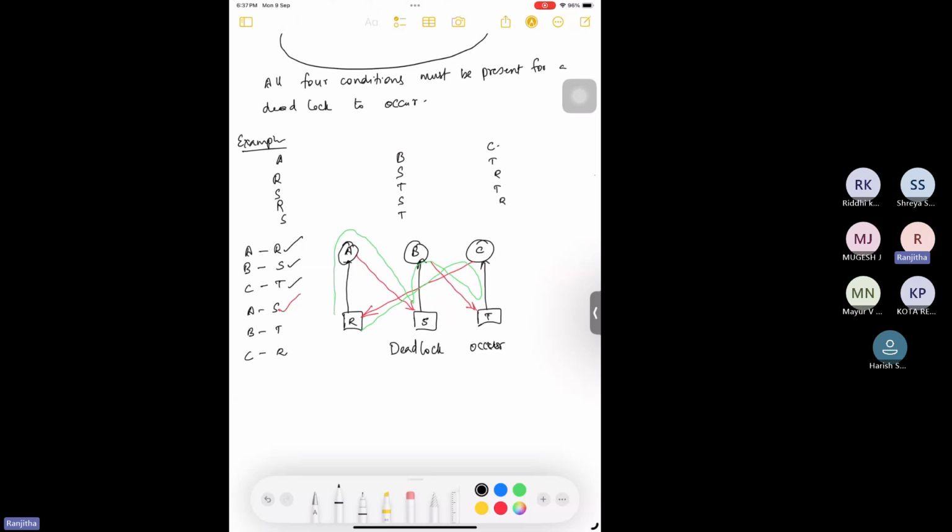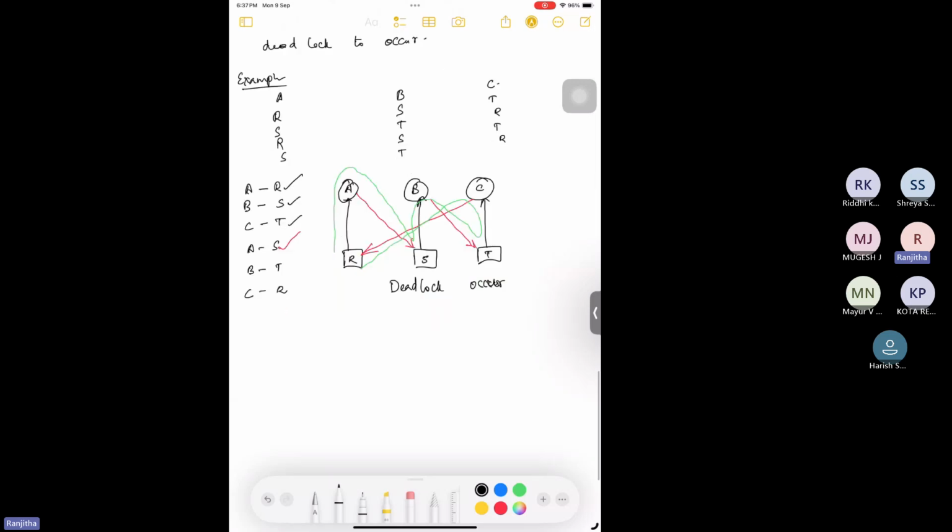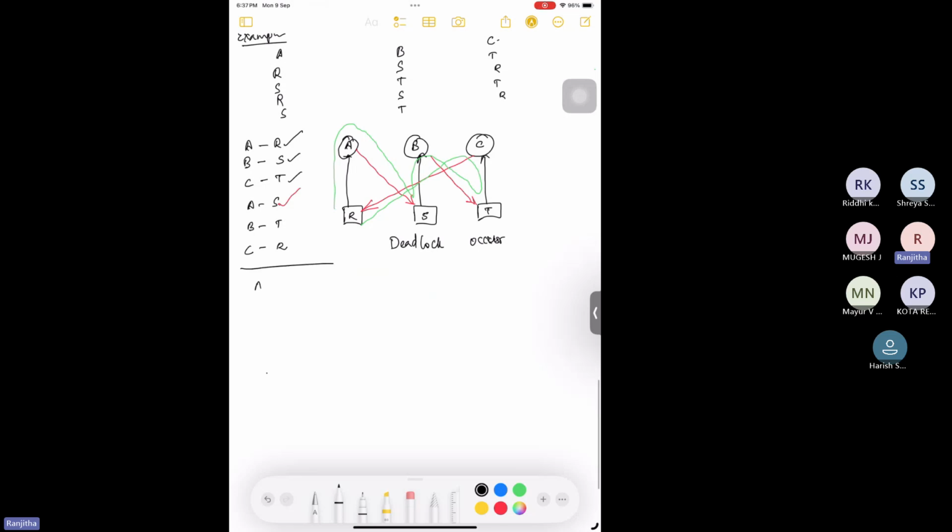Now if we change the order slightly, for example, if we assume that A is requesting R first, then C is requesting T, then A is requesting S, then C is requesting R, then A is requesting R, and then A releases R, releases S, and again releases S. Now let's see how the resource allocation graph will be.